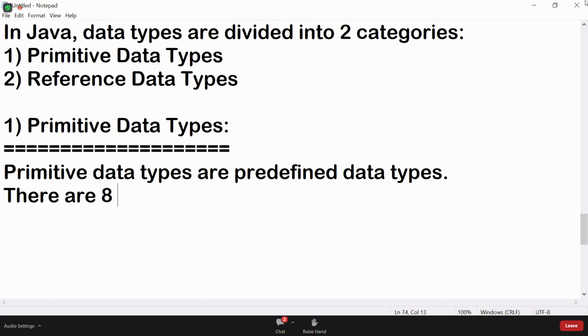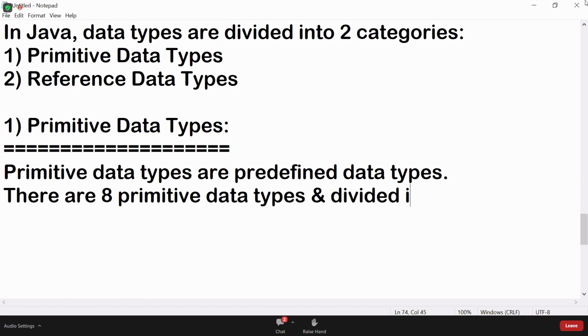There are 8 primitive data types and they are divided into 4 subcategories.